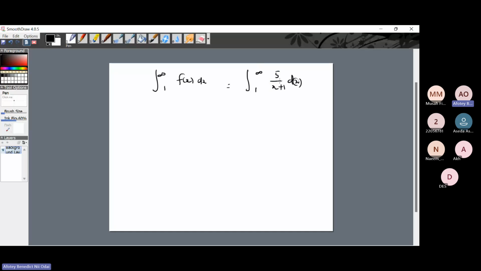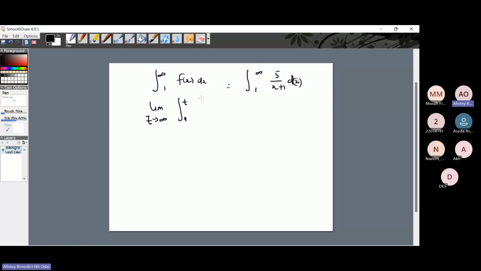Now the same concept is here again. We can't integrate over infinity, so what can we do? We can use a limit: the limit as t approaches infinity of the integral from 1 to t of f of x.